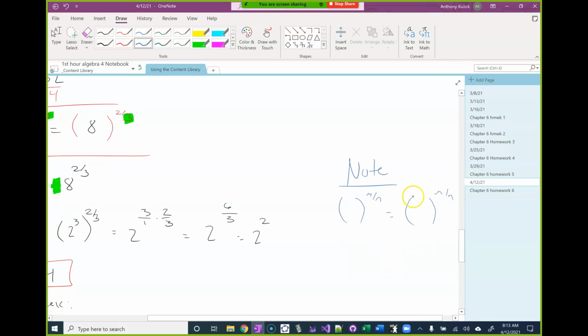So if I do something to both sides of the equation, I generate a plus or minus only if it's an even number rather than an odd number.